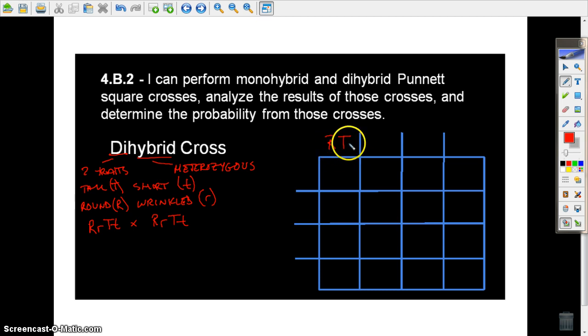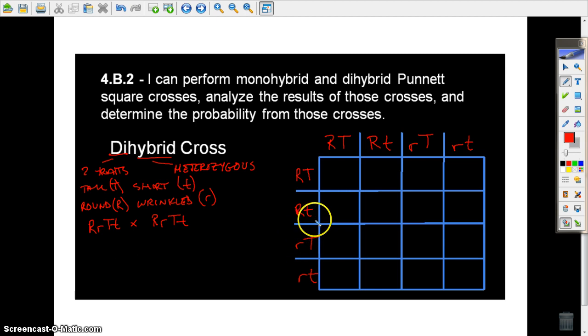So I have big R, big T, big R, little t. I can take both options for this guy. And then I'm going to use this little r and go through both options for it. Little r, little t. I'm going to do the same thing with the other parent. Big R, big T, big R, little t, little r, big T, little r, little t.